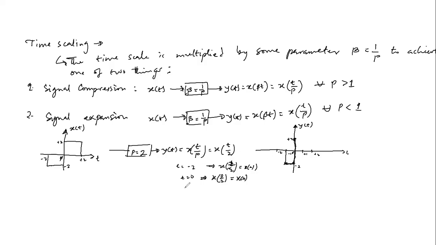Now, at t equal to positive 2, s of positive 2 divided by p, which is 2, will give us s of positive 1. So hence, at positive 1, the signal drops to 0.